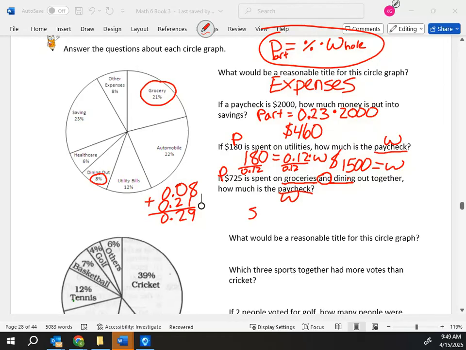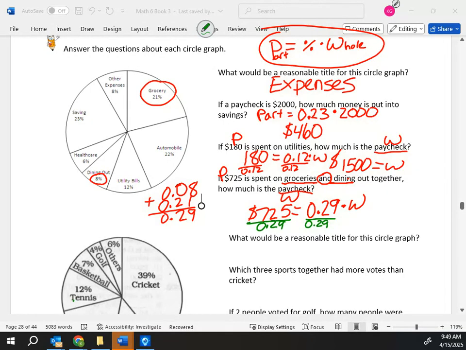So I can say 725, my part, equals my percent times my whole. You following? So what do I have to do to get the whole by itself? Maddie? Divide 0.29 out of 725. Yep, I divide 0.29 on both sides. What is 725 divided by 0.29?